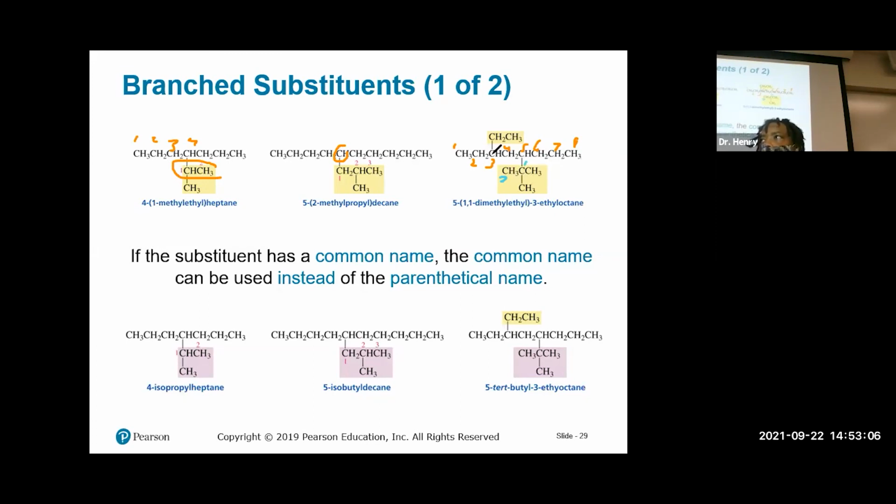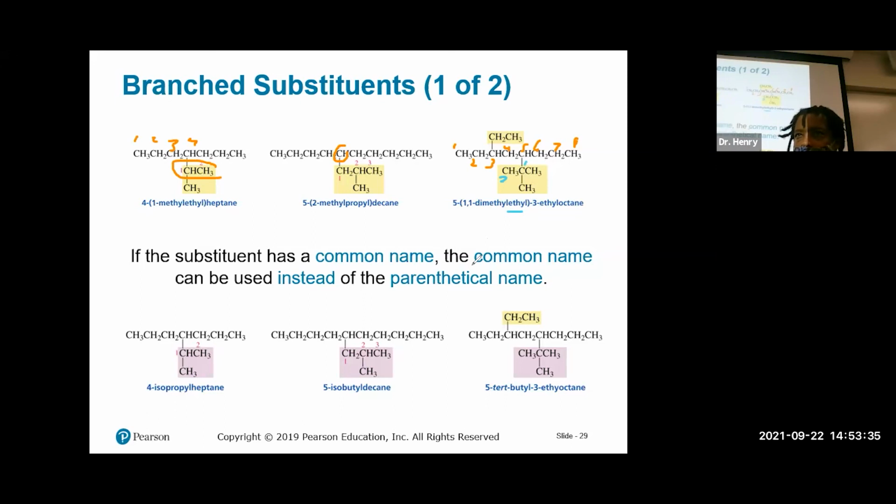Why do they put the methyl after the ethyl in this case? Right, because this guy is an ethyl as well, and it's further branched. And so they decided to put it before it, even though it's a methyl ethyl. They're both ethyls, so you want to put the more complex one closer to the end, and then the less complex one in the beginning.